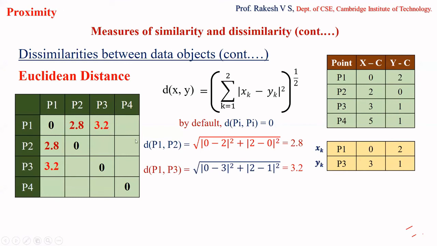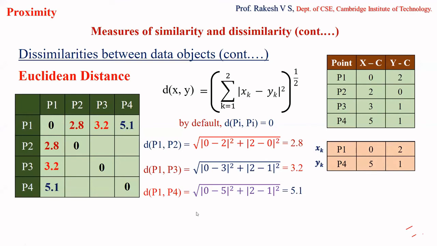Now I am going to find P1, P4. The table is 0, 2 and 5, 1. So it will be the square root of (0 minus 5) whole square plus (2 minus 1) whole square, which is nothing but 5.1. So 5.1, I will tabulate on either side.